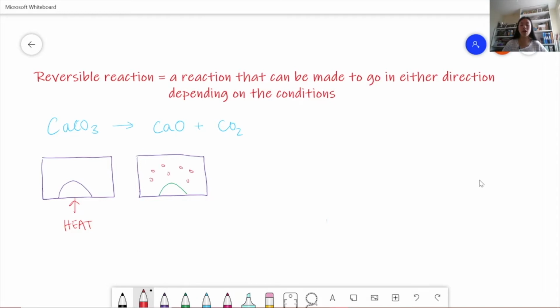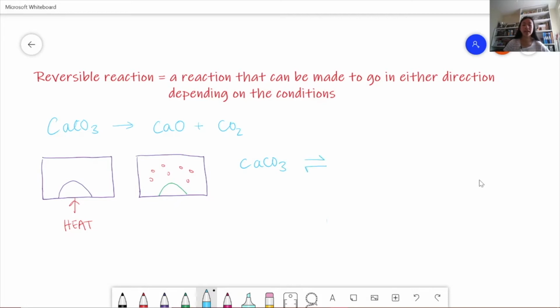But these products aren't allowed to escape from the system, and so they actually react together to reform the reactant, which is the calcium carbonate. And so we have the forward reaction and we also have a back reaction. And so it becomes a reversible reaction when we use a closed system.